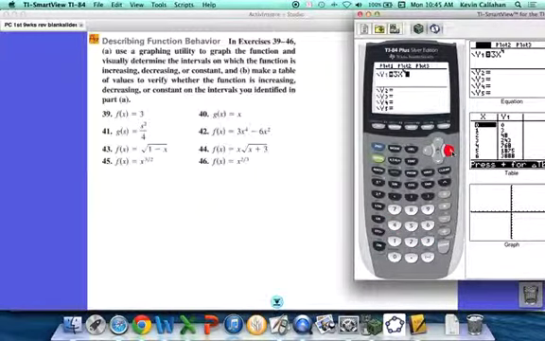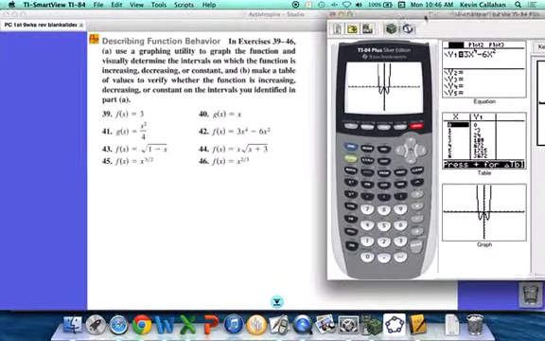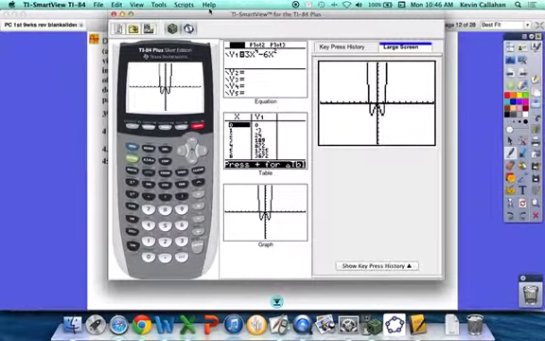Get out of the exponent, minus 6x squared. Good graph. So, okay, what does it look like the graph is doing up until this point? From here until here, you would say that it's decreasing.